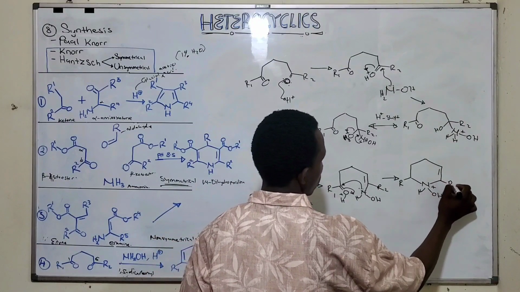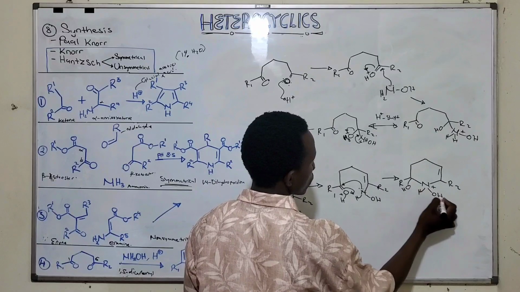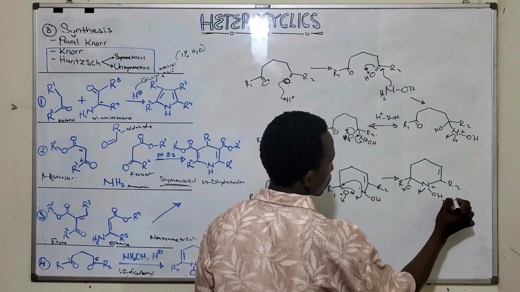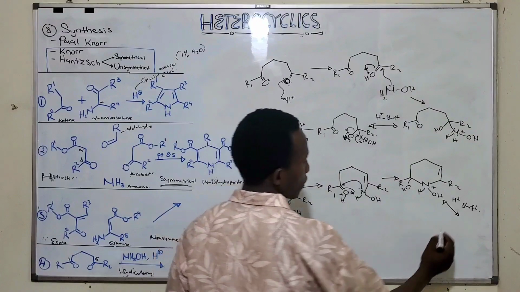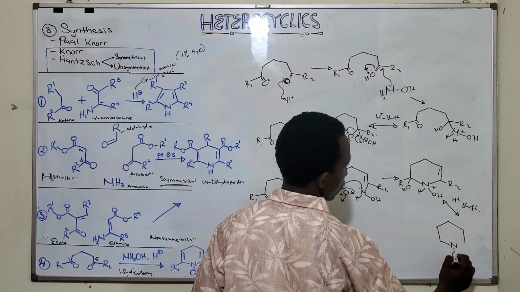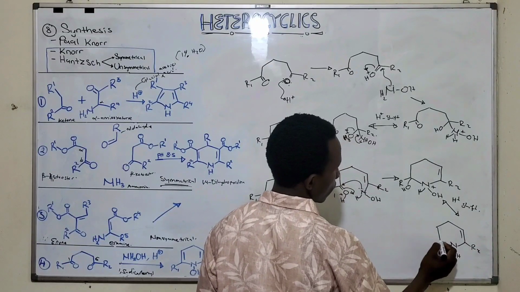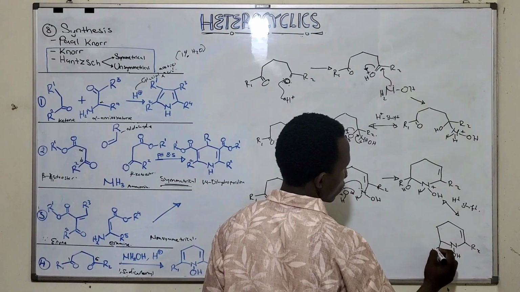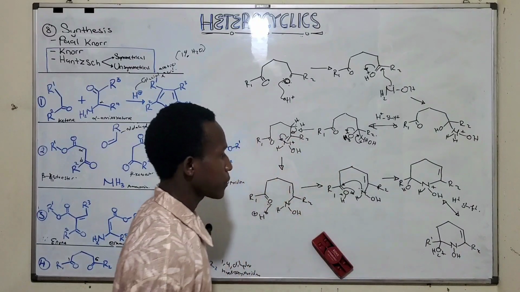A double bond here, R2. Then here we have OH. Then we have proton shift. N, OH, R2, double bond. Here we have OH2, it's now plus, and R1.